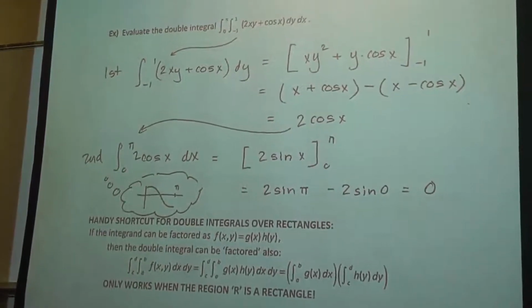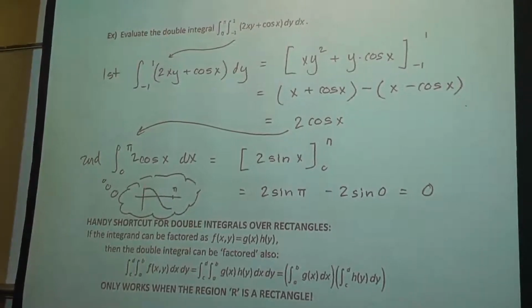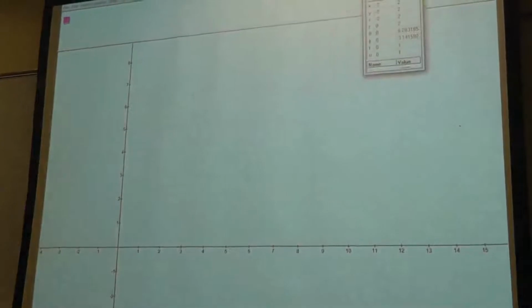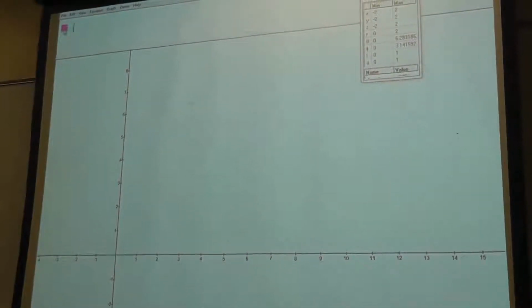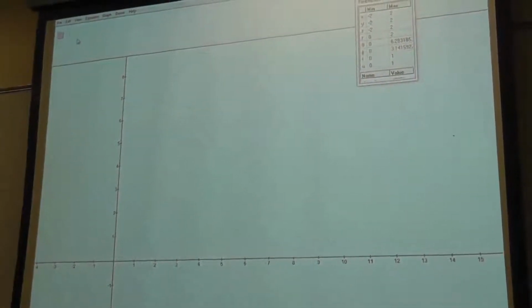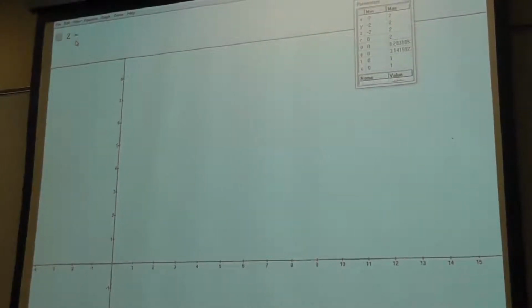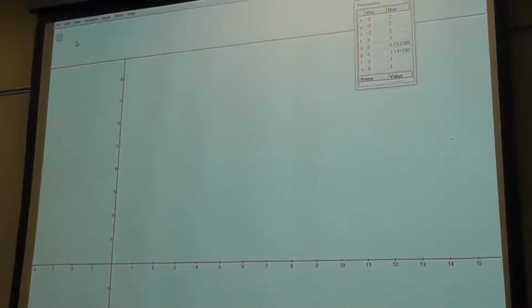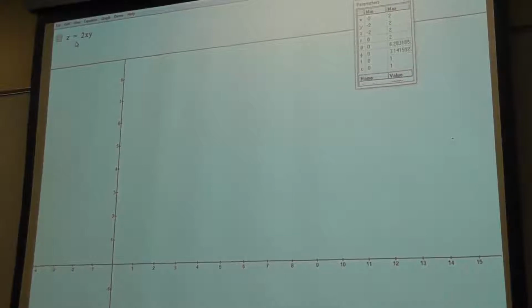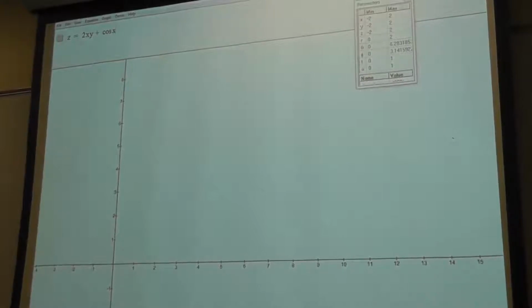I'm looking for this one. Here we go. And you probably like to see what I'm doing. So, I've got my parameters there. I want to graph this in gray. Our function is z equals 2xy plus cosine x. But I want to restrict my domain.